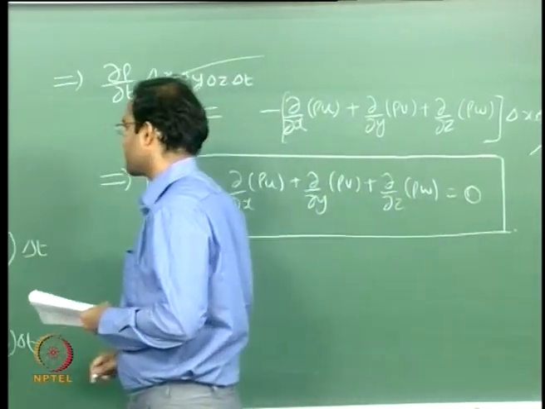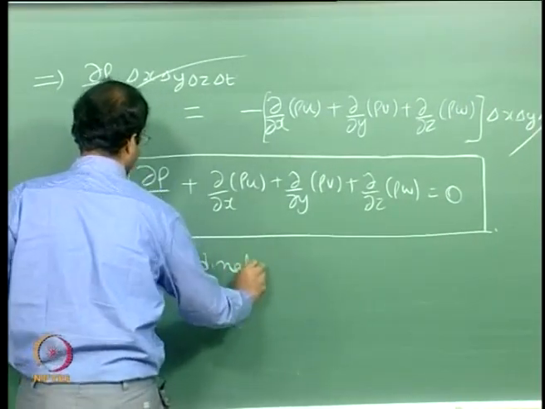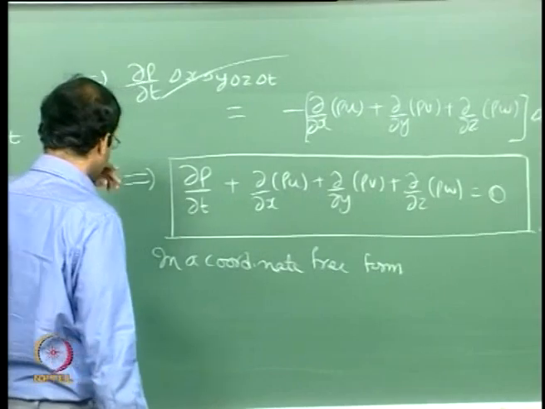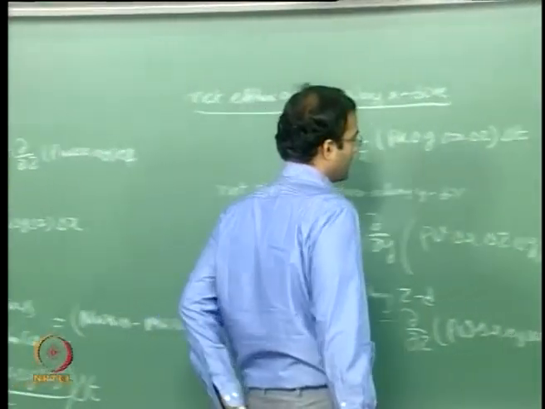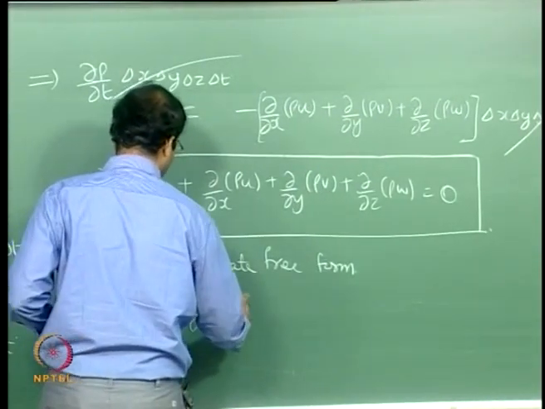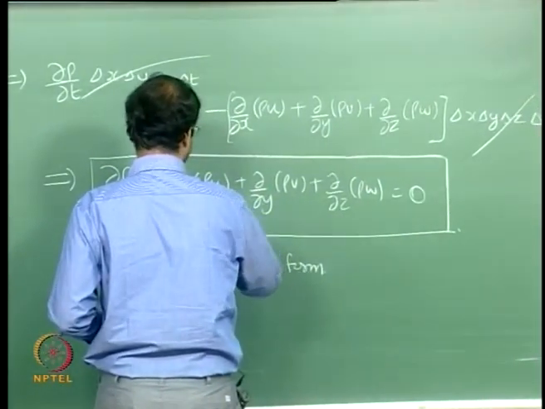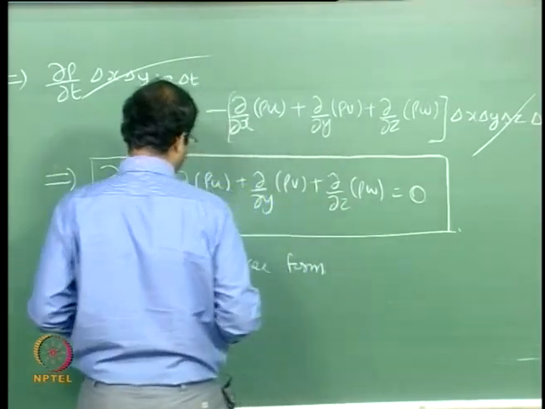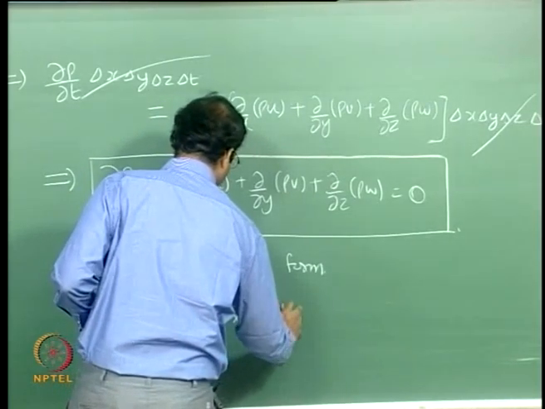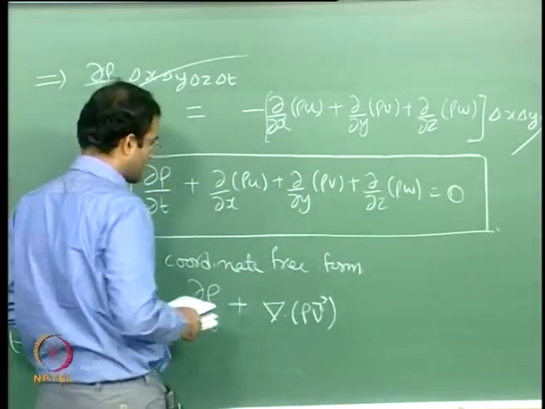In a coordinate free representation, instead of deriving this for different coordinate systems, you can write this in a coordinate free form as follows. You can take the derivative with respect to time and write it as it is. Now the spatial derivative, that is d rho u dx, d rho v dy, and d rho w dz, can be expressed as the divergence operator operated upon rho v vector, where v vector is basically u i plus v j plus w k in the Cartesian coordinate system.